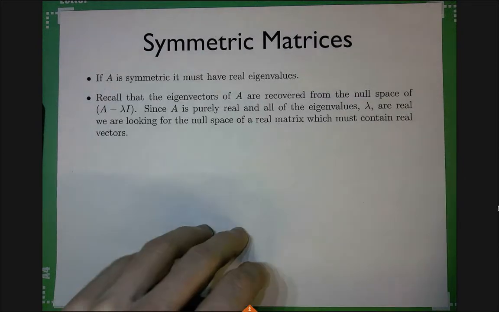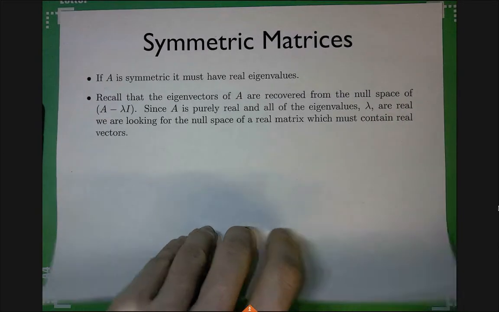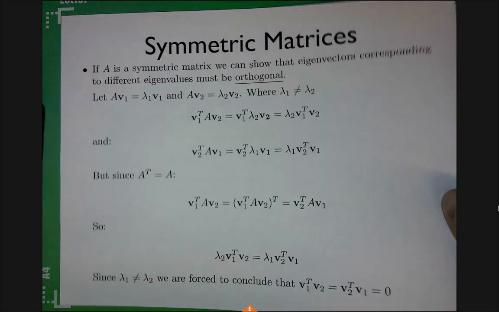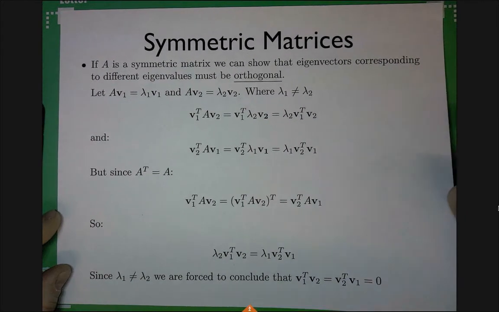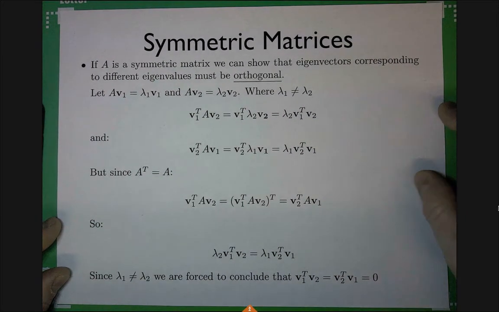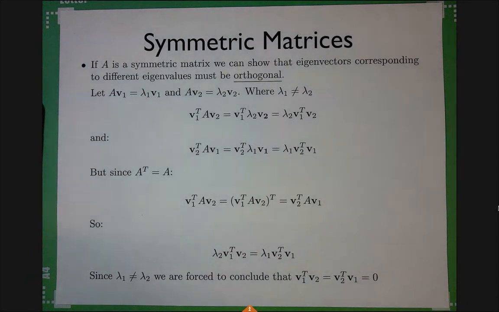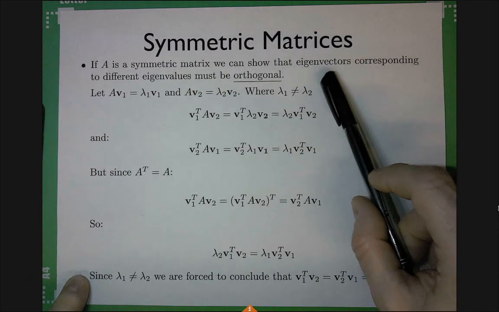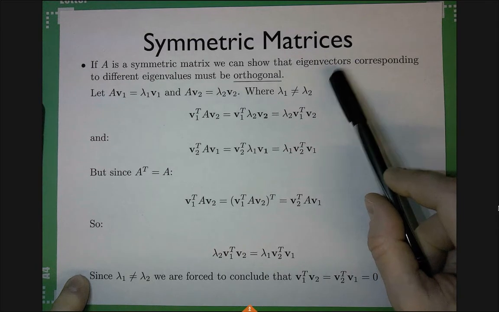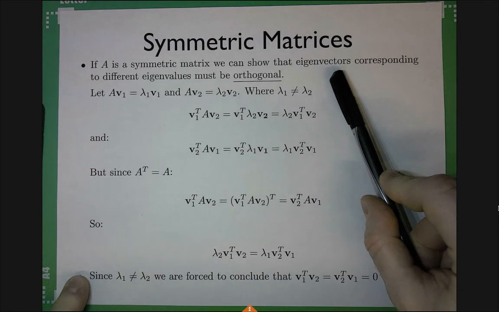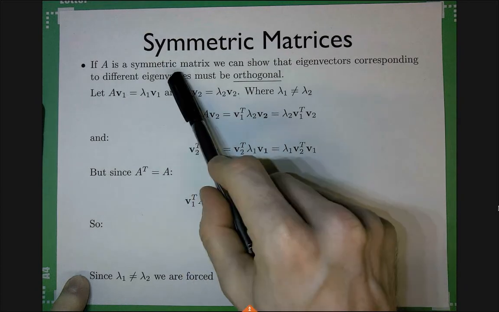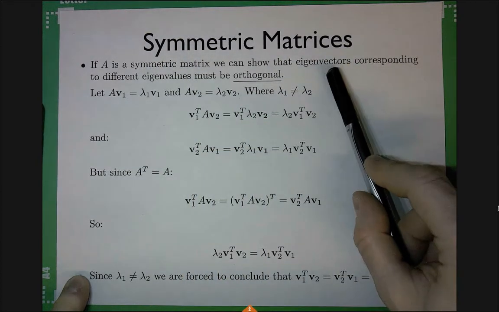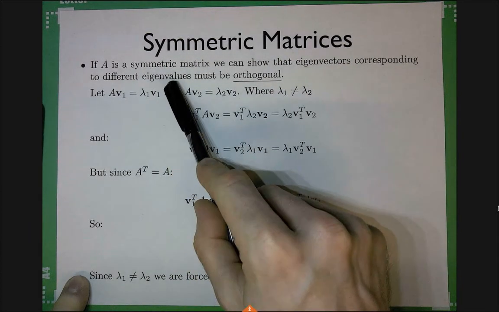Alright, and the last thing we will show here about symmetric matrices, and there is some more to show, but I will not do all the proofs, I just don't want to keep it purely math. But this one is good. This statement says that if I have a symmetric matrix and I have eigenvectors corresponding to different eigenvalues.